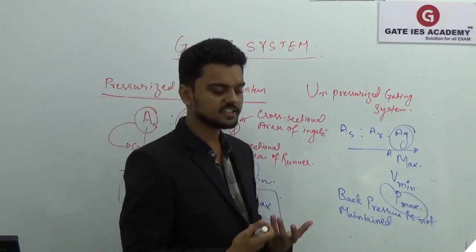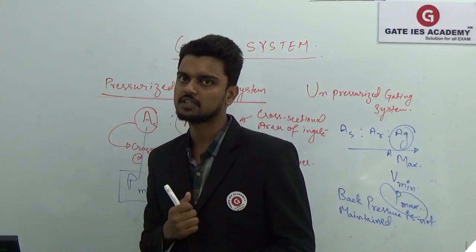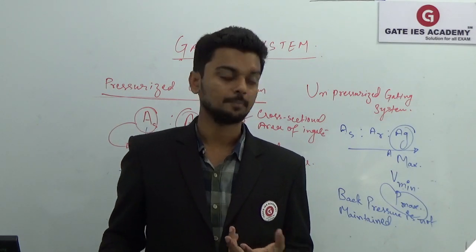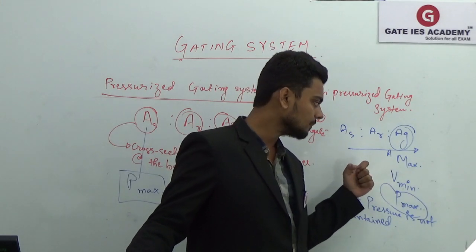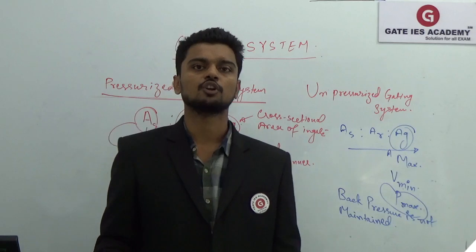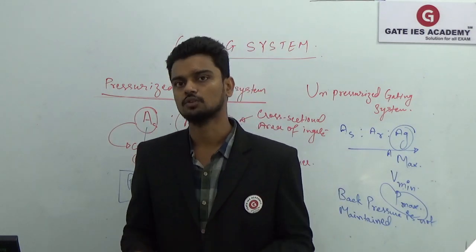Once there is an aspiration effect, air will enter your mold cavity and you will have a defect in your casting. But in the unpressurized gating system, we are getting the minimum velocity with which the molten metal is entering your cavity. Minimum velocity means there will not be any erosion.